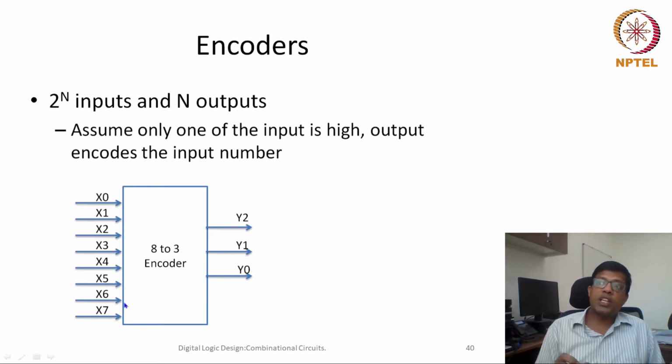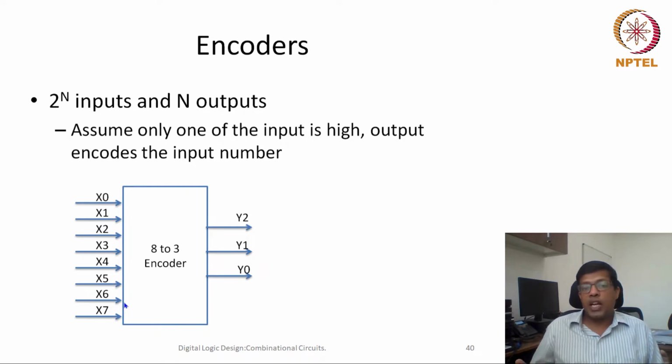The question is which particular input is 1. I have assigned some ID, some number to each, and I want to know which particular ID of the input is 1. This is the question I am solving.